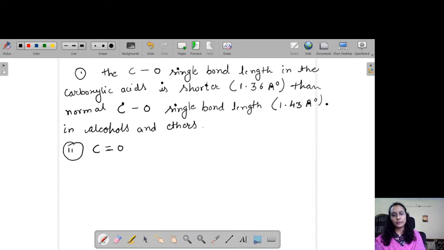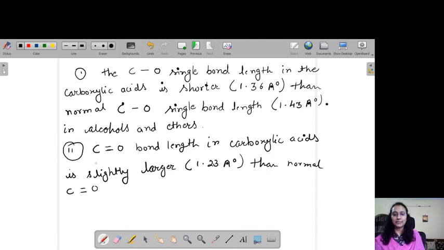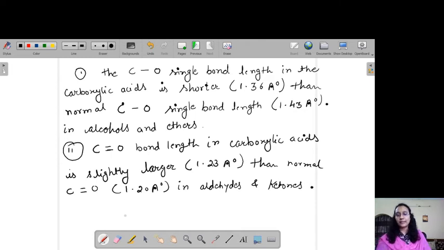The carbon oxygen double bond length in carboxylic acids is slightly larger, around 1.23 angstroms, than the normal carbon oxygen double bond length in aldehydes and ketones, which is around 1.20 angstroms. Okay, I'll repeat the two points again.